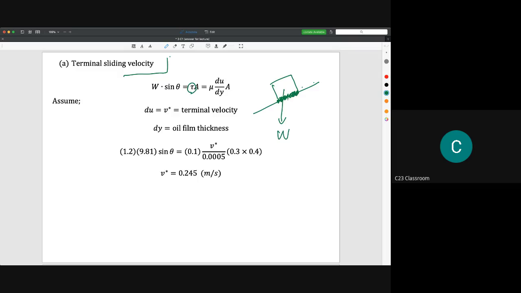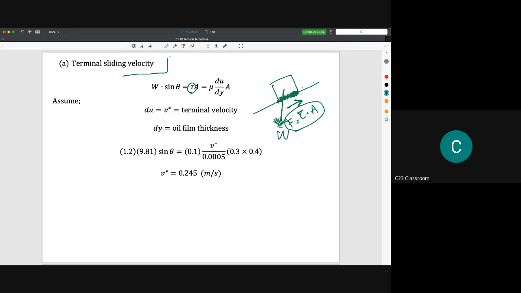Because we have an area here, we assume that we have another resistance from bottom to the top in this direction, which gives you resistance, which is tau times A. So the force is equal to tau times A. The weight here will pull this object downward, but because we want to solve the equation for force, you need to solve it according to its axis.